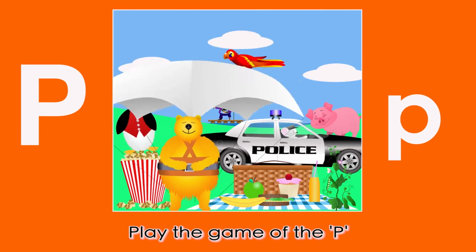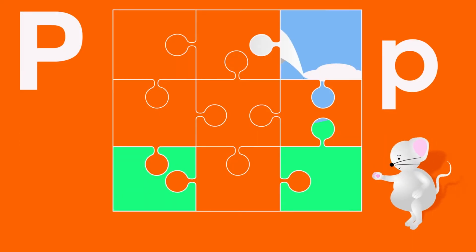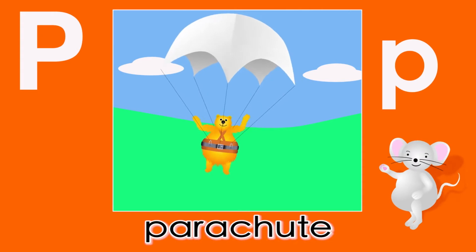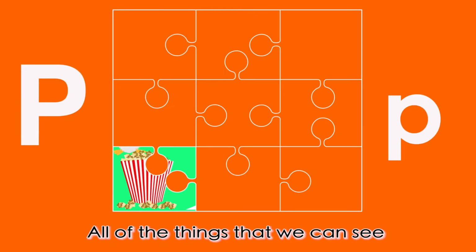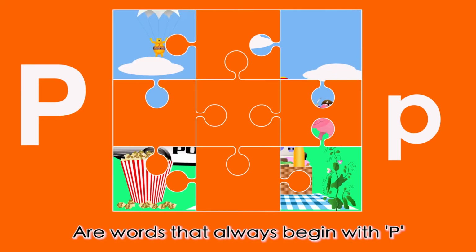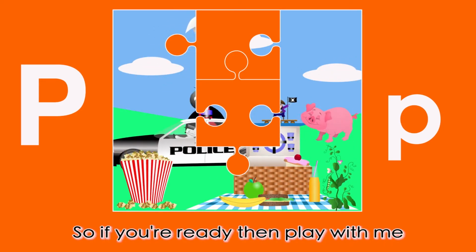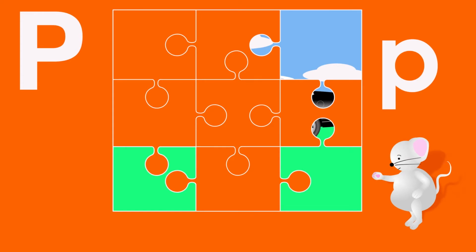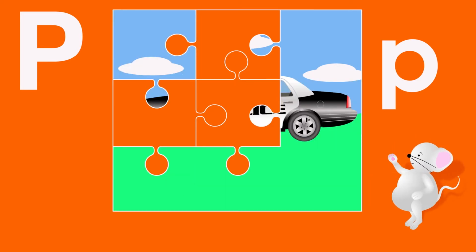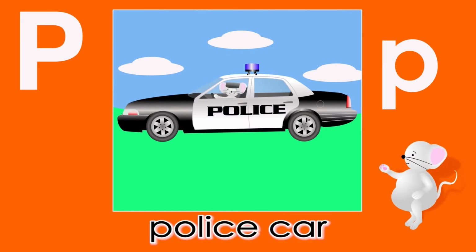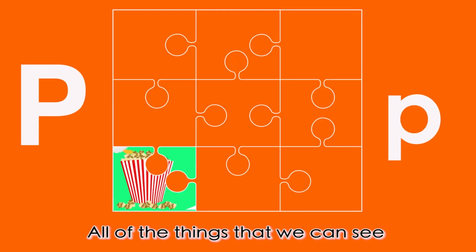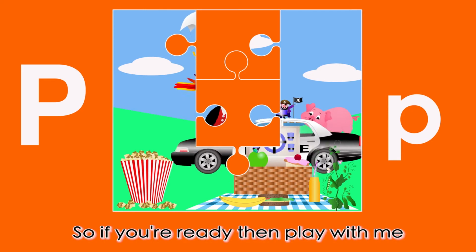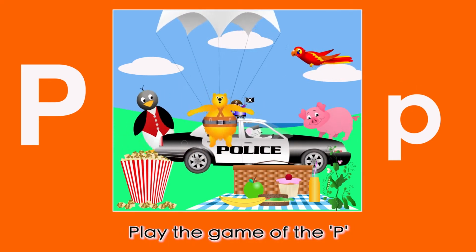Play the game of the P. It's a parachute. It's a police car.